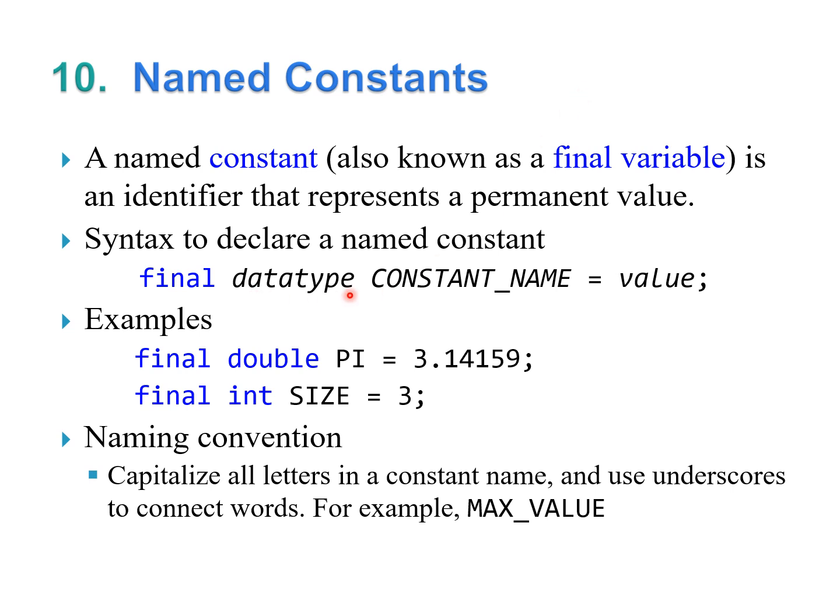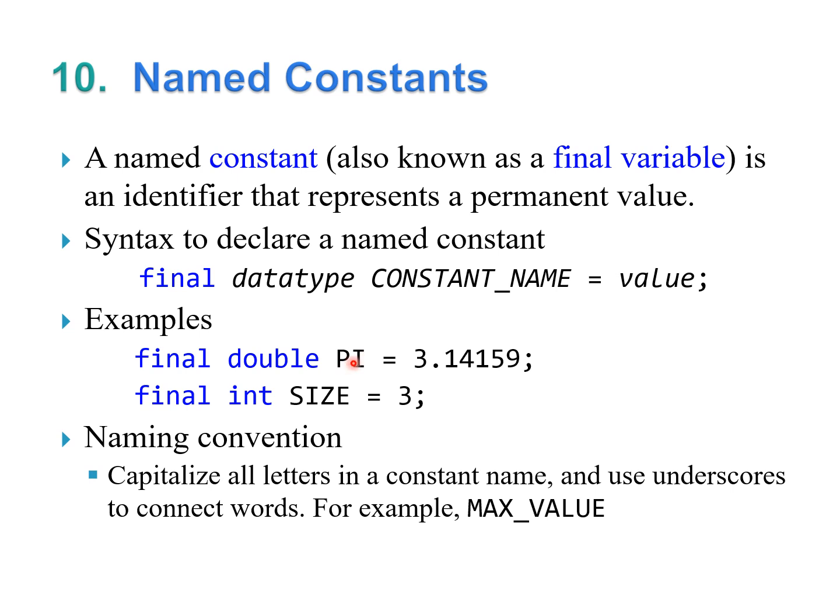For example, if your program makes several calculations that involve using the mathematical constant pi, and you don't want to type a long value of pi every time you need it, then you declare a named constant for the value of pi.